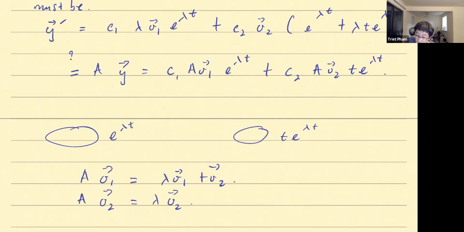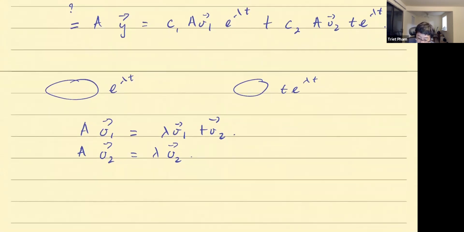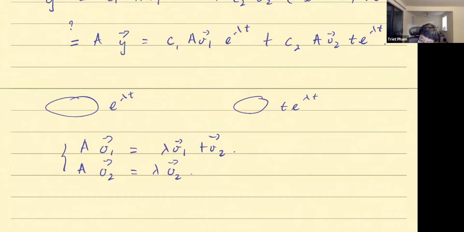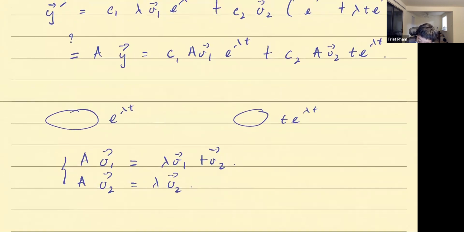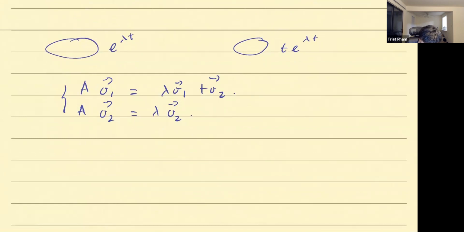Okay, so let's rewrite this one more time. What this is will be AV2 is lambda V2, A minus lambda I V1 is equal to V2.